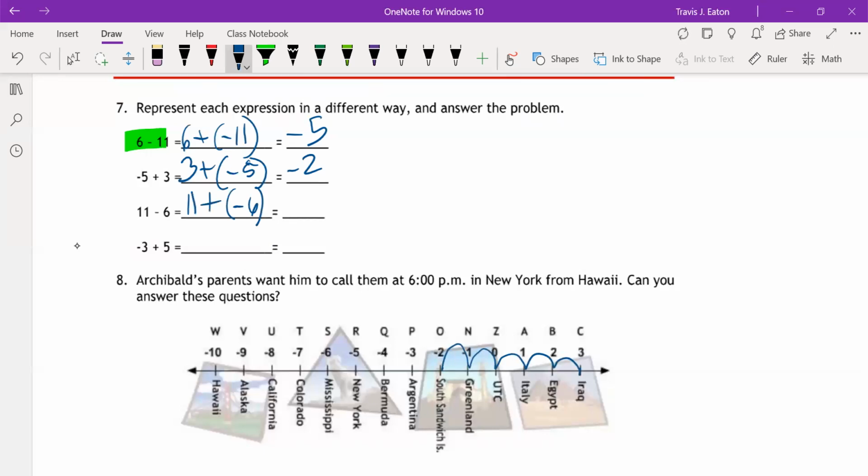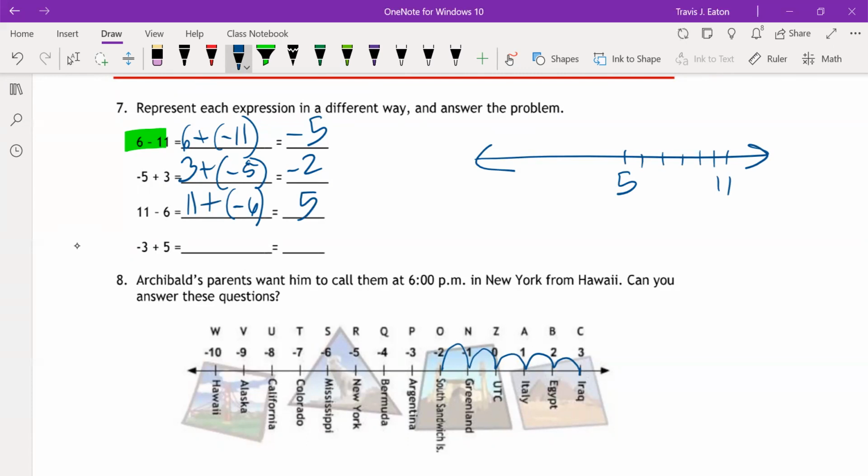So what is 11 plus negative 6? Well, it's like saying that I'm on the number line. I'm at 11, and I'm going to add negative 6. That means I'm going to move to the left 6. 1, 2, 3, 4, 5, 6. So here's 11. 10, 9, 8, 7, 6, 5.